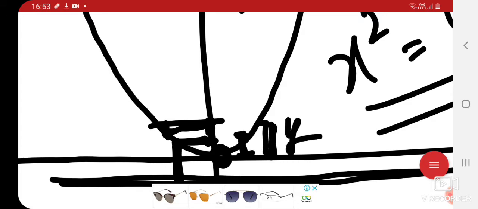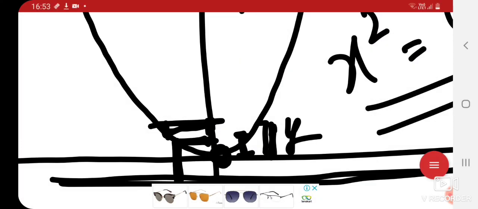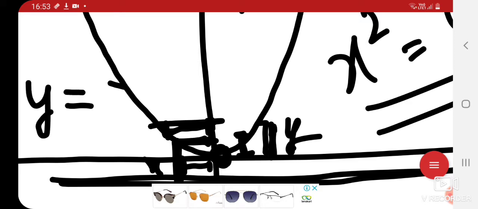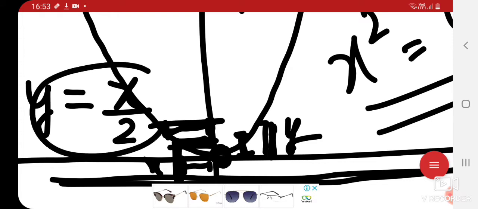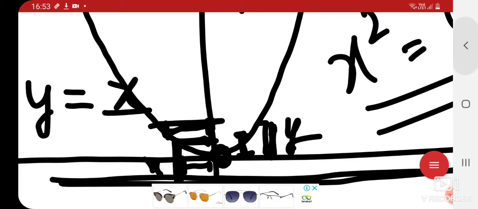The distance from here to here must be half of this distance. So you can say the distance from here to here is what? Y, because this is our y axis, and the distance from here to here is what? X. So this y must be half of x. So what you obtain from here is that when this 2 goes there, this x will equal 2y.